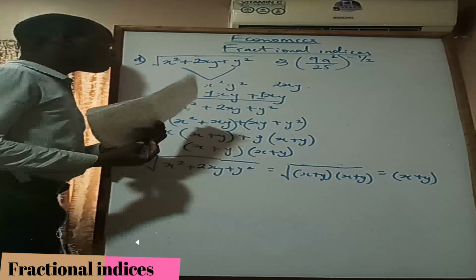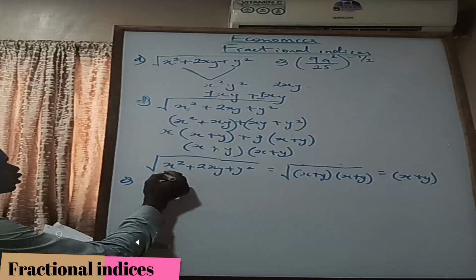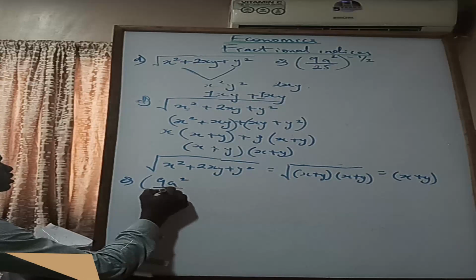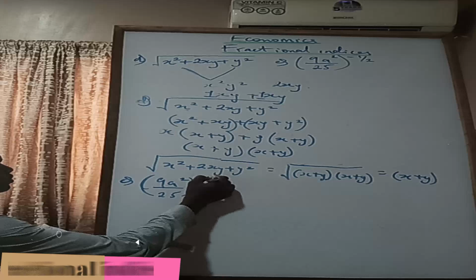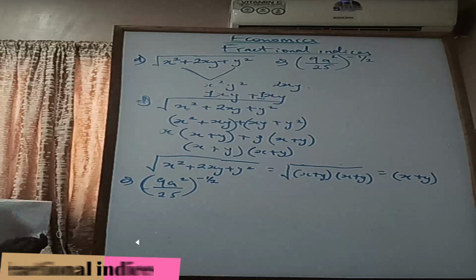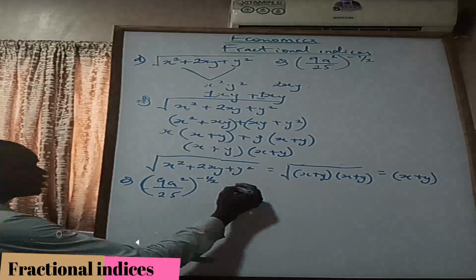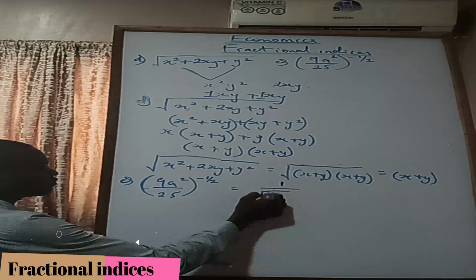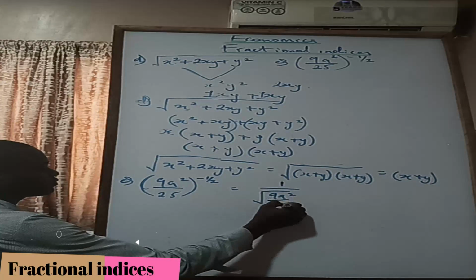So for the last one, E, we have 9a squared divided by 25, everything raised to power minus half. What this means is that one person could solve it this way: you have 1 over root of all of this, 9a squared divided by 25.